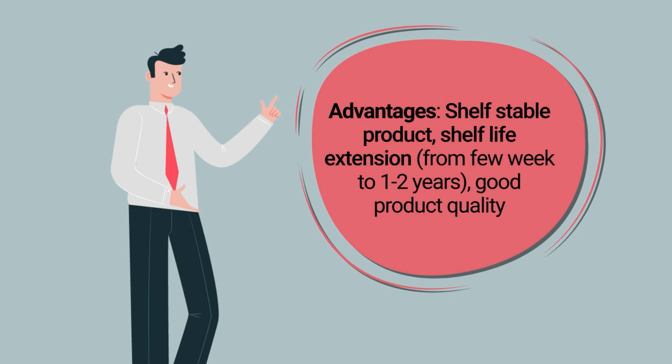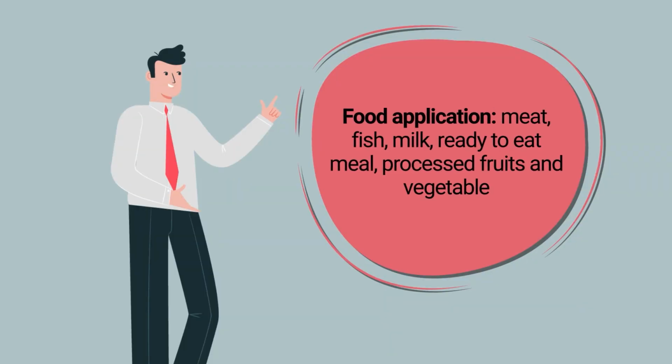We can keep the product at room temperature. It extends the shelf life very high, from a few weeks to a few years. For example, you can keep the retort pouch product for 1 to 2 years, and it also provides good product quality. So you can use retort pouches for meat, fish, milk, ready to eat meals, processed fruits and vegetables, etc.